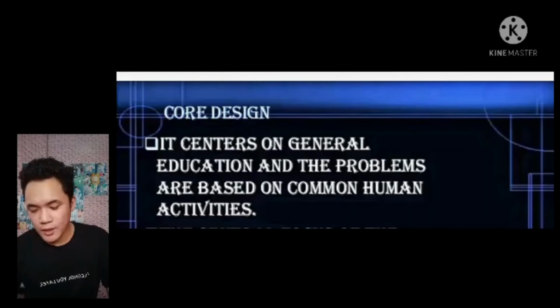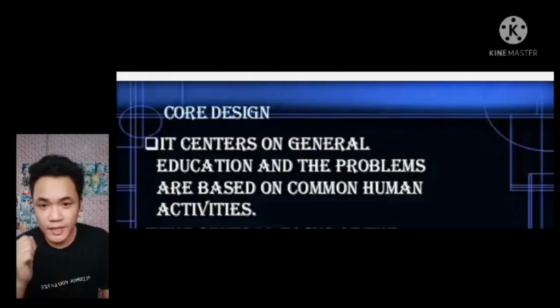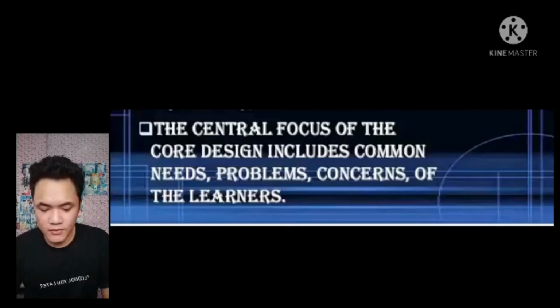Core design centers on the general education, and the problems are based on the common human activities. So as we can see, it focuses on the common human activities. And the central focus of the core design includes common needs, problems, concerns of the learners.